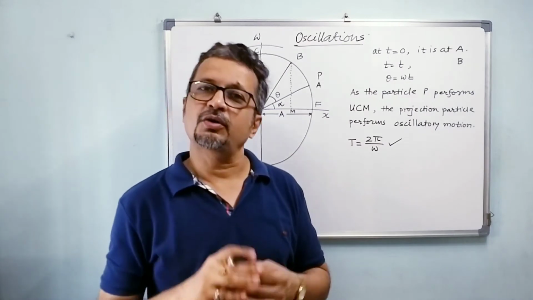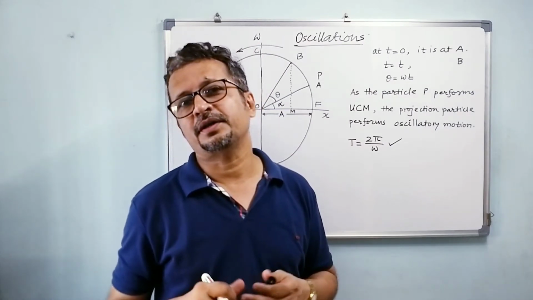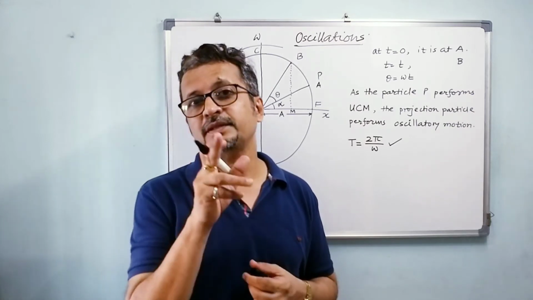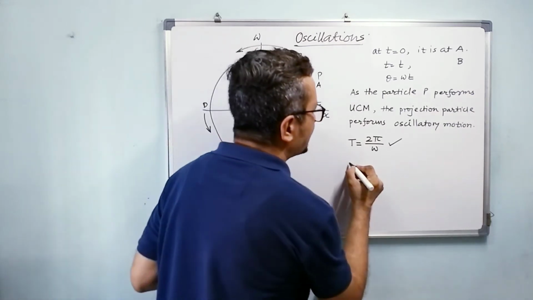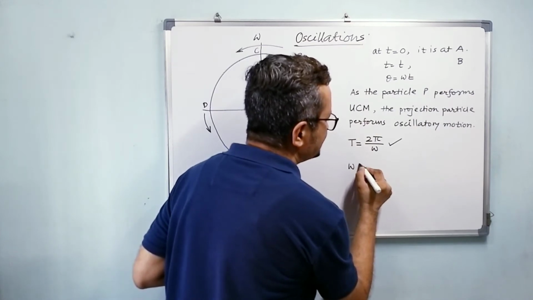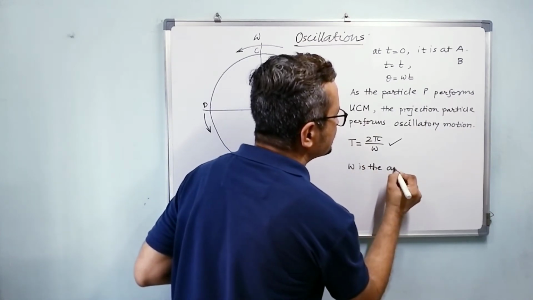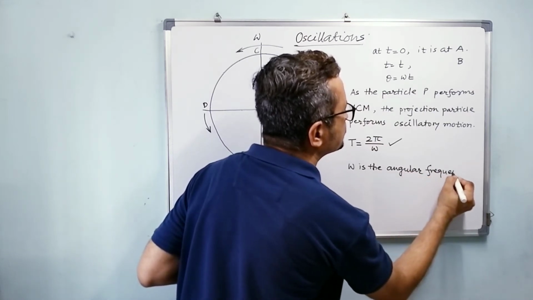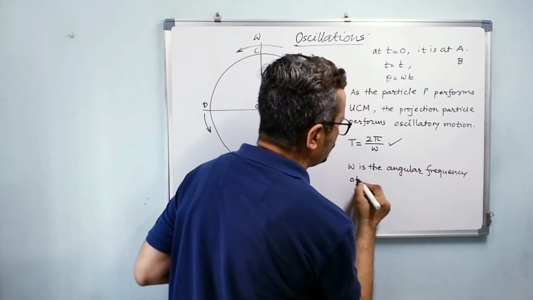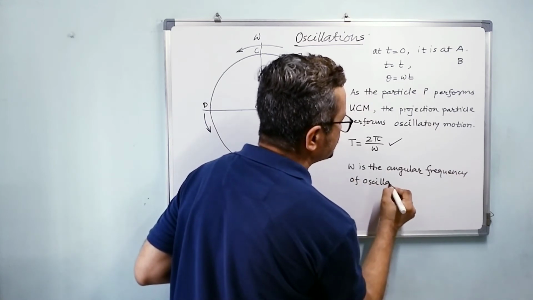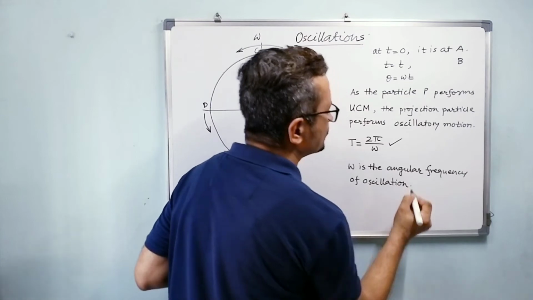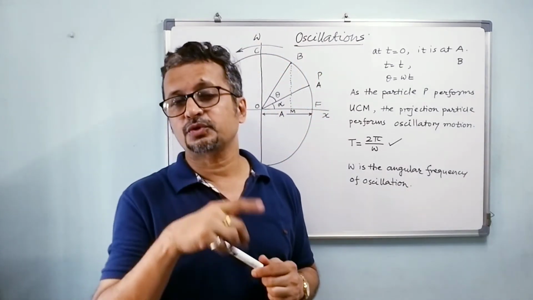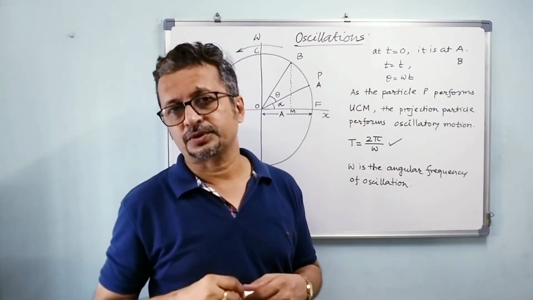Now the only thing is that here in oscillatory motion we won't call it angular velocity, but we will call omega the angular frequency of oscillation. Correct? And that was the relation between circular motion and oscillatory motion.